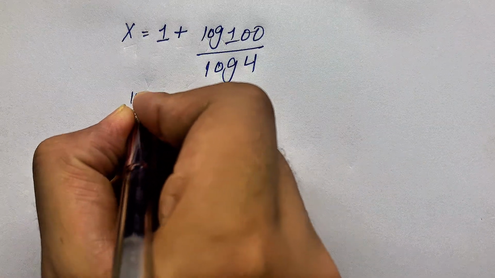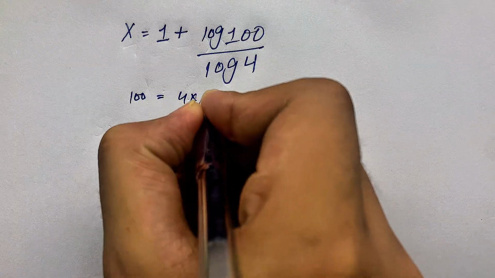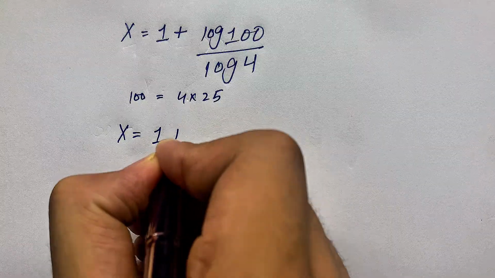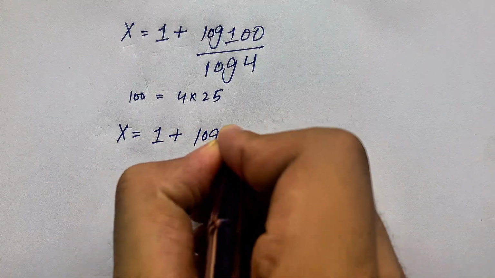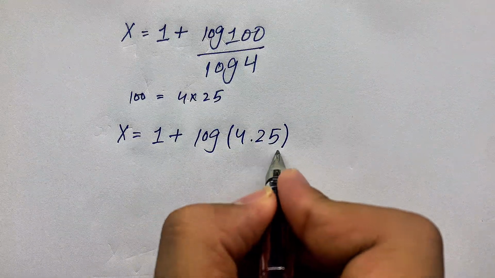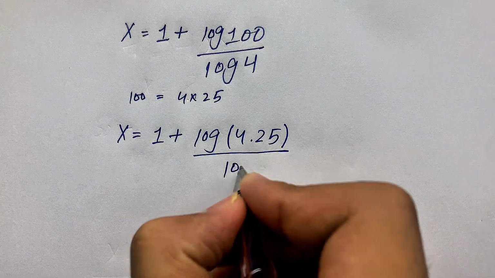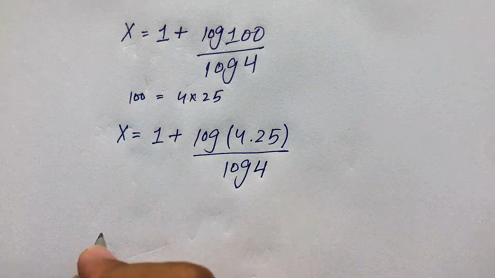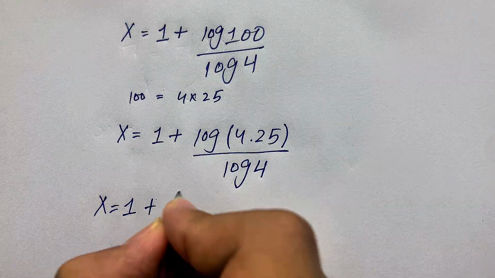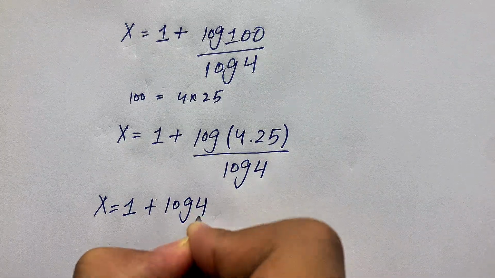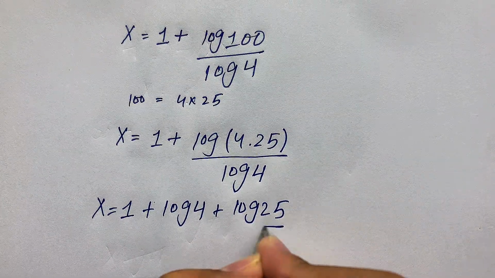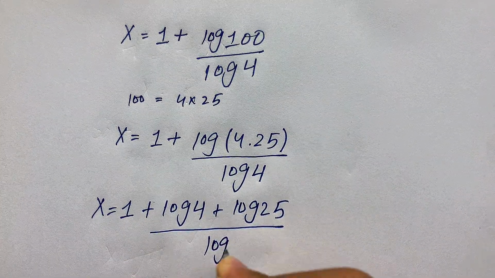As we know that 100 is also equal to 4 multiplied by 25, x is equal to 1 plus log of 4 into 25 divided by log of 4. Now x is equal to 1 plus log of 4 plus log of 25 divided by log of 4.